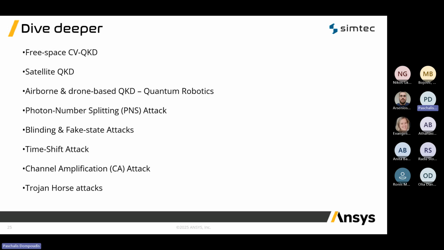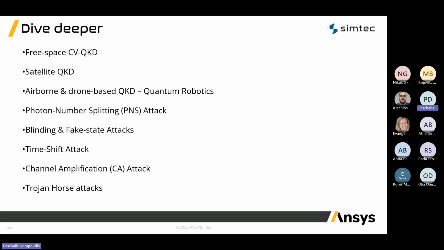And the last slide contains some concepts about QKD that I find interesting, and I hope you also find them interesting. We have free space QKD, which are continuous variable protocols that transmit coherent states through atmospheric links. We also have satellite QKD, which are quantum keys generated by orbiting satellites. And this is also the backbone of future global quantum networks, if they will ever exist.